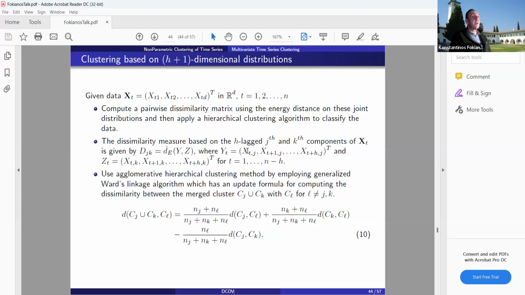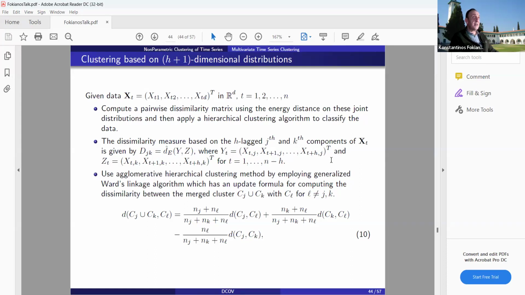You see the whole process, X_t^j, X_{t+1}^j, up to X_{t+h}^j, and Z_t, again at the same lags, but at k components. And you can do it for t from 1 to n minus h.